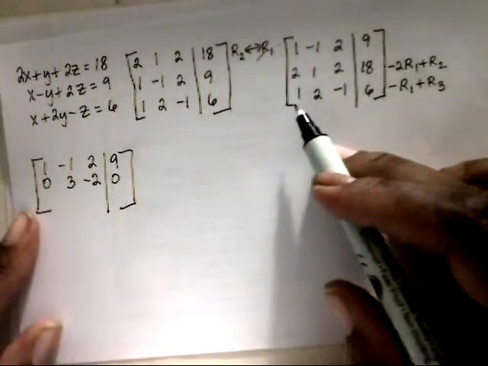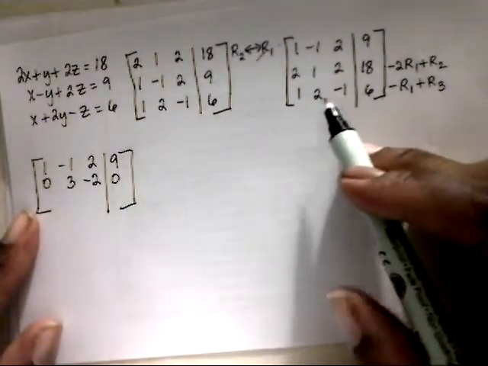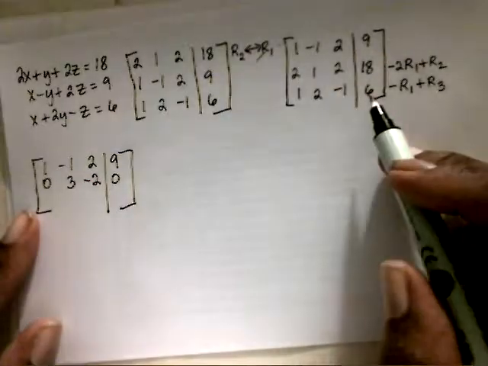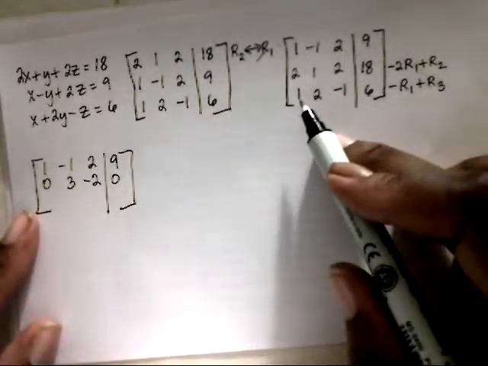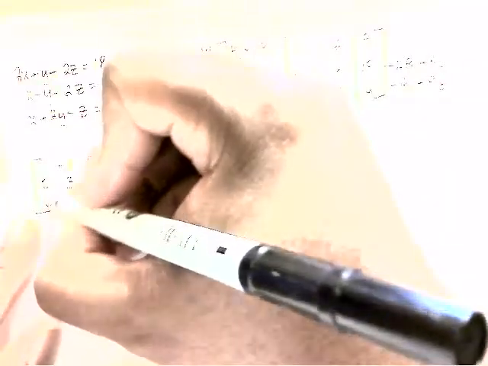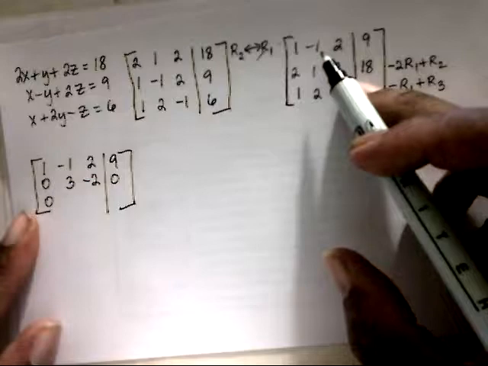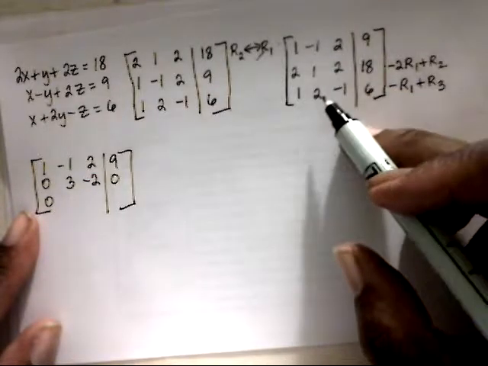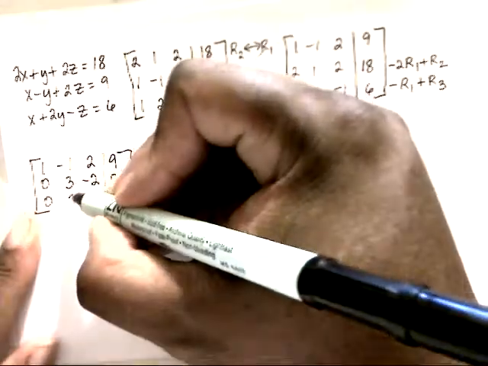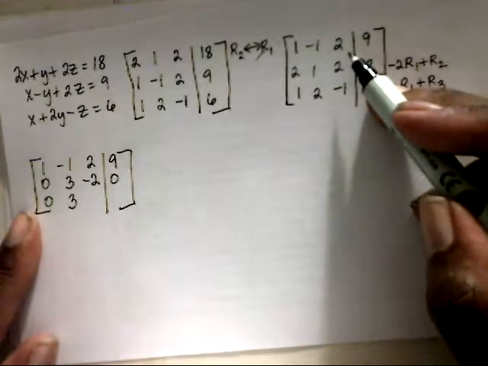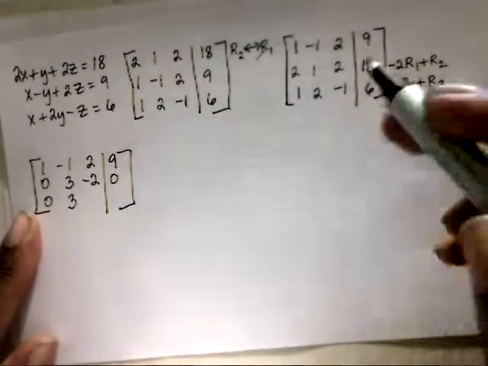Now row 3 is going to change by taking the opposite of row 1 plus row 3. The opposite of 1 is negative 1, plus 1 is 0. The opposite of negative 1 is positive 1, plus 2 is 3. The opposite of 2 is negative 2, plus negative 1 is negative 3.